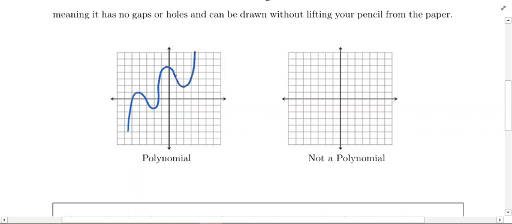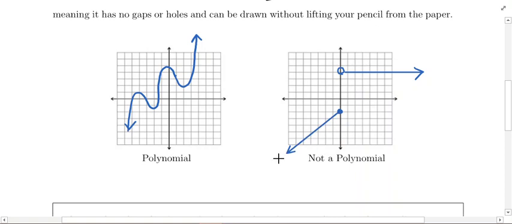So something like this would be a polynomial function. Something that is not a polynomial function, we already said absolute value because it has a sharp corner. Let me draw something on here like this: we have this, and then we have something that does this.